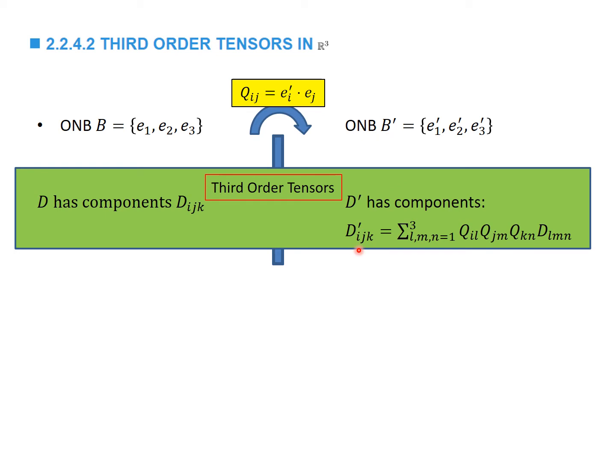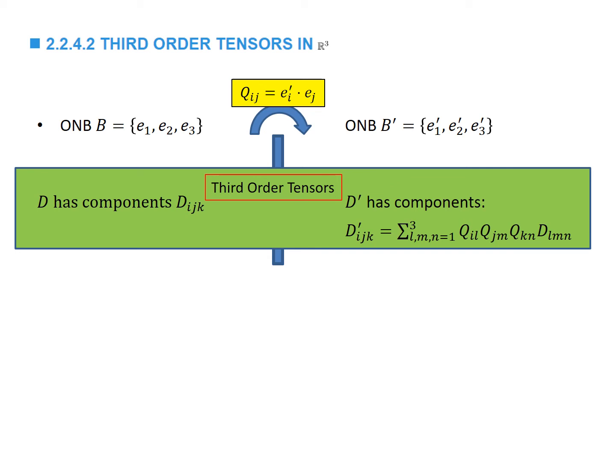The new components D prime ijk will be equal to the sum over l, m, n from 1 to 3 of Qil, Qjm, Qkn, D sub lmn.